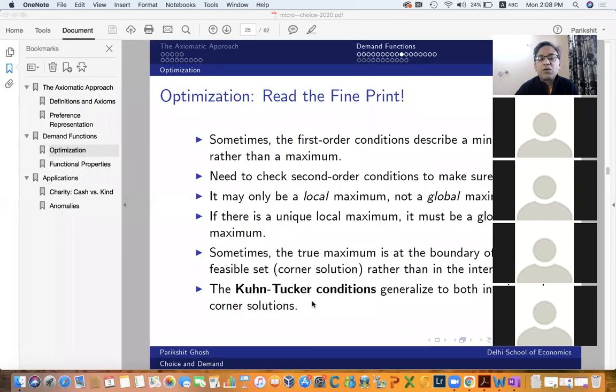In general, they're called Kuhn-Tucker conditions. So the full math of that you will learn in the math course. But often for the sake of solving two good problems, you don't have to be too formal about these corner solutions. You can often draw a picture and identify what a corner solution is.